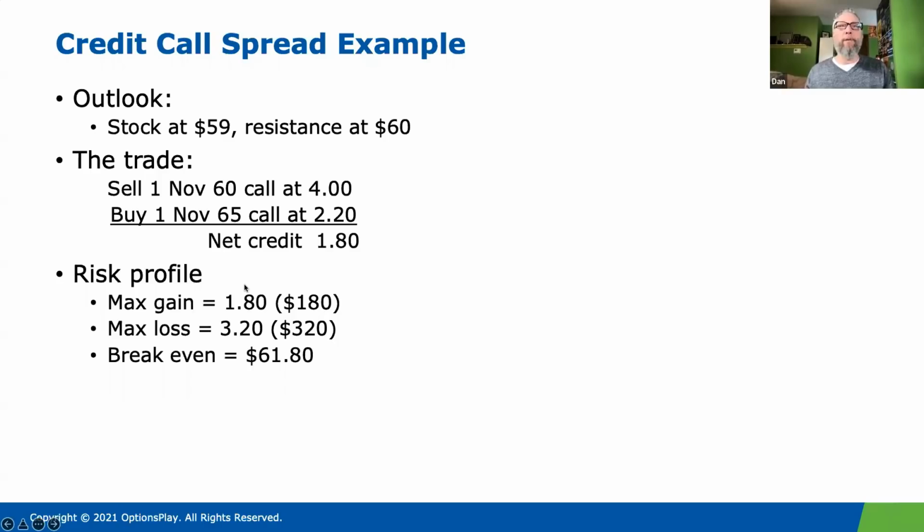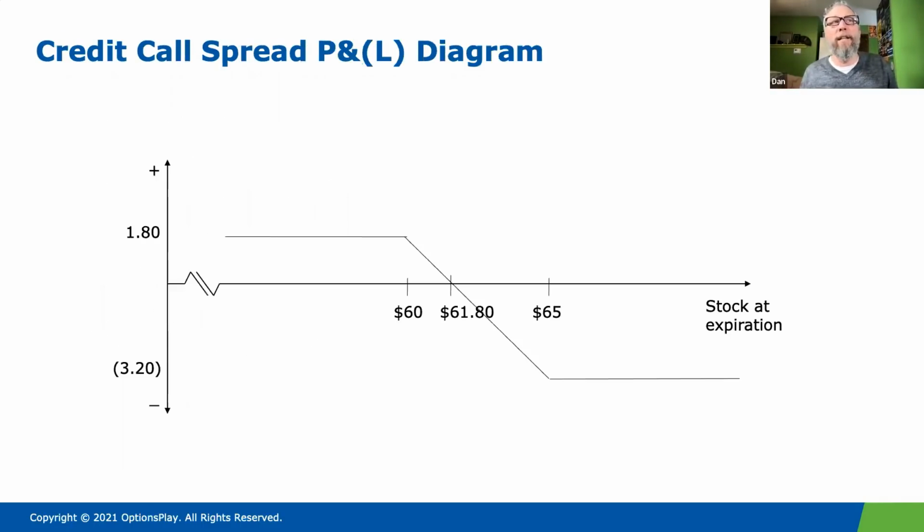We sell these options and collect $1.80, and if the stock is still below $60 a share at expiration, all those options would expire and the $180 that I collected is mine to keep. That's why that would be our maximum profit.